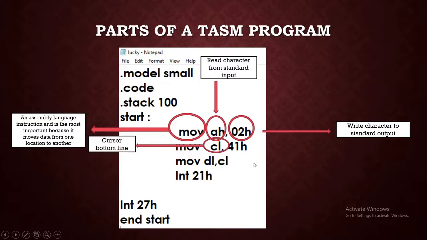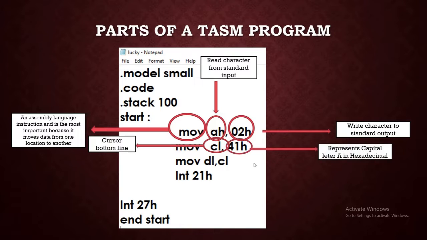And then we also have CL, which means a cursor on the bottom line. And the 41H here represents the capital letter A in hexadecimal.